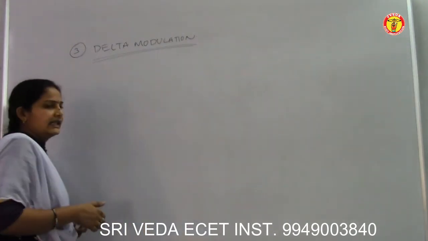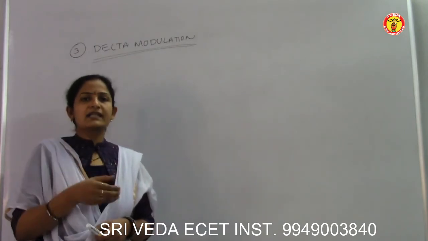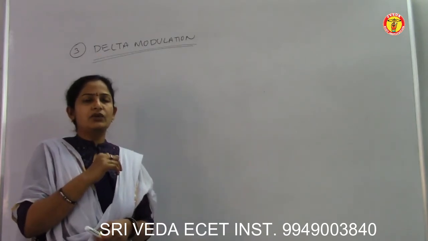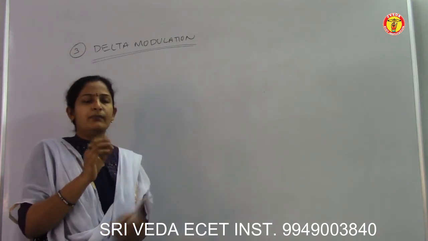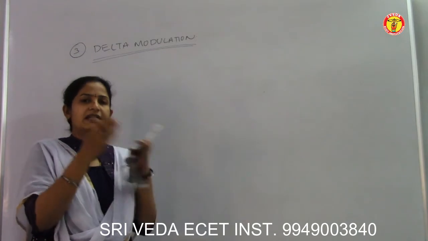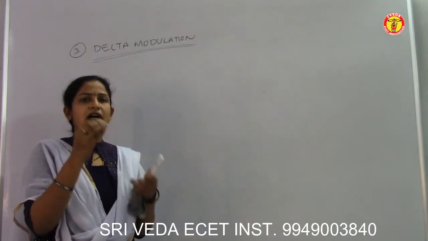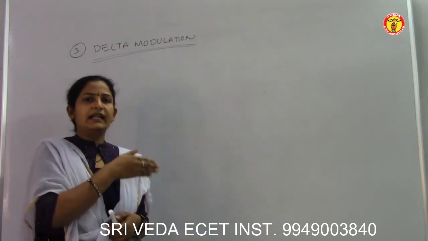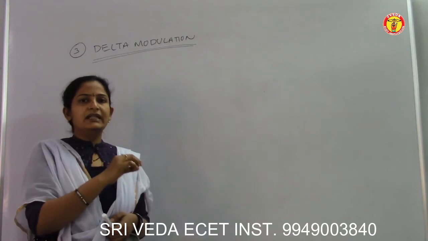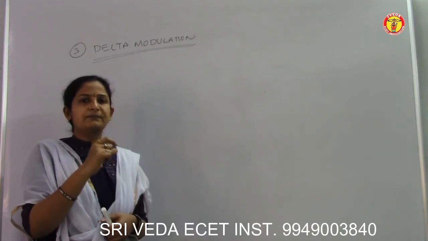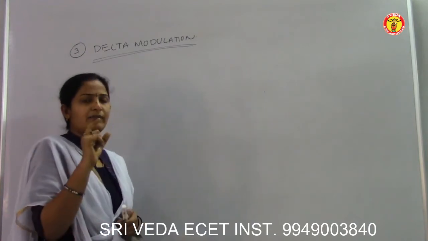In delta modulation, instead of taking the difference between the present sample value and the previous sample value, it will just compare the present and the previous sample values. If the present sample value amplitude is greater than the previous one, then the quantizer will send one bit, binary 1.